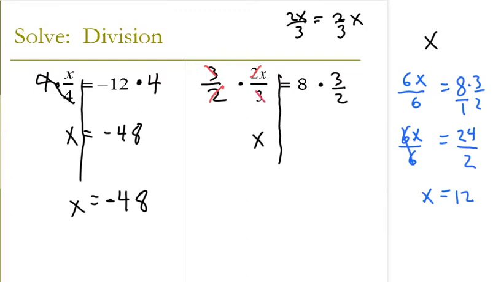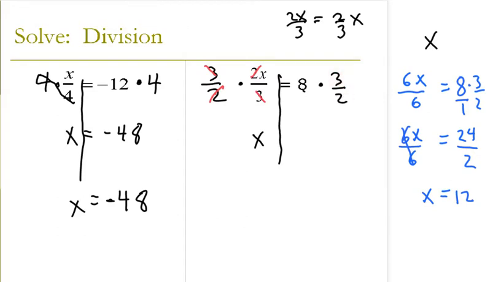On the right hand side, we have 8 times 3/2. And I'm going to justify this in class, but we can think of multiplying by a fraction as really two operations. Multiplying by the numerator and dividing by the denominator. And the order in that case doesn't matter.